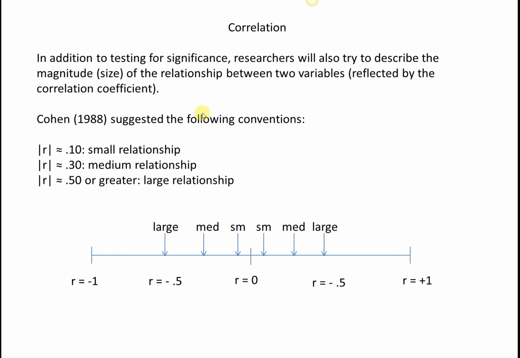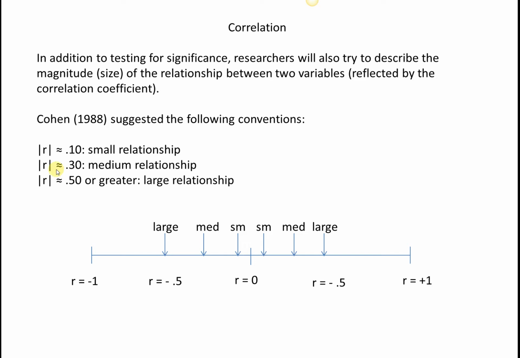Also, in addition to testing for statistical significance, researchers will also try to describe the magnitude or the size of the relationship between two variables. Jacob Cohen in 1988 suggested the following conventions for judging the magnitude of a correlation, mainly as it pertains to the social and behavioral sciences.